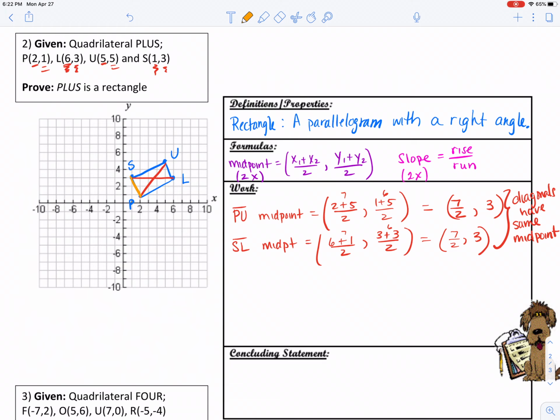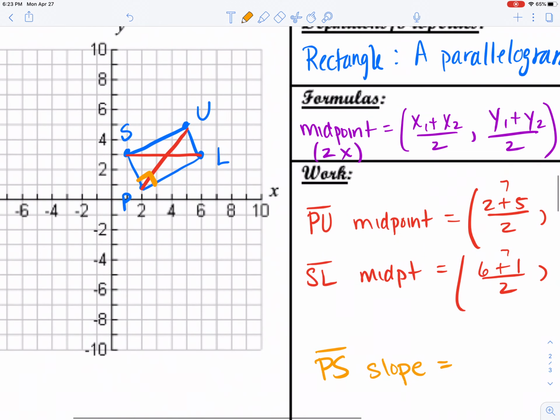I don't like my thick lines. They're going to make it actually harder to do, but I'm going to show that this is a right angle right here. So for PS, slope equals, from S, I'm going to go to P, down 1, 2, so it has a rise of negative 2, right 1. So the slope is negative 2 over 1, or just negative 2.